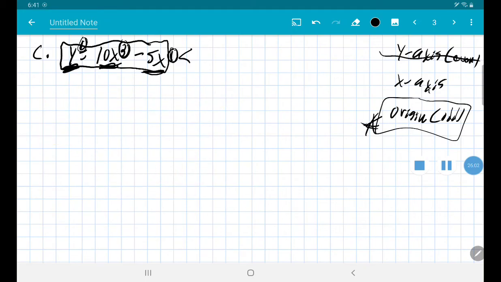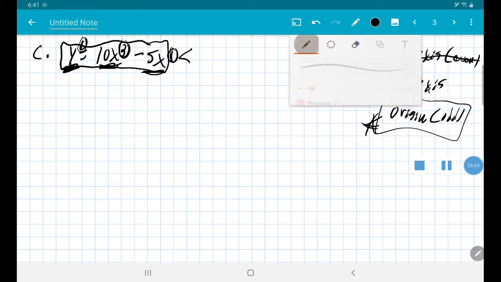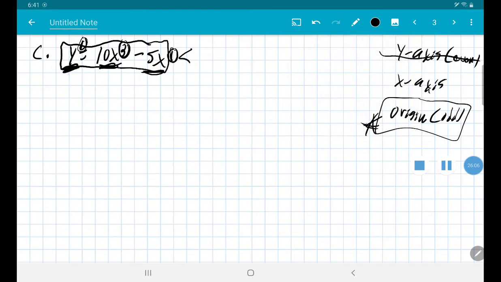But it doesn't hurt for you guys to get the same practice I've had. So again, it was y equals 10x cubed minus 5x. So again, for x-axis symmetry, I'm going to replace y with negative y.